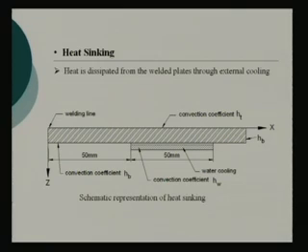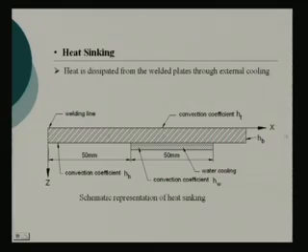Why? Because the heat is going in as it is, and you are putting in extra heat. If you put it wrongly, you deform the plate further, but here that problem is not there. Here you take the heat away. Suppose this is one half of the plate, just a schematic representation of heat sinking.